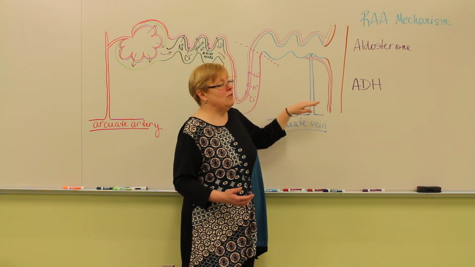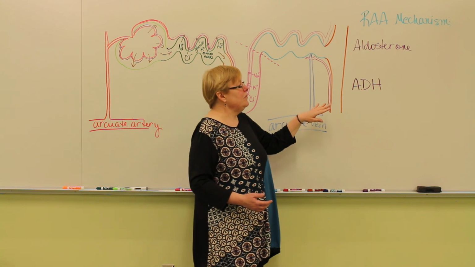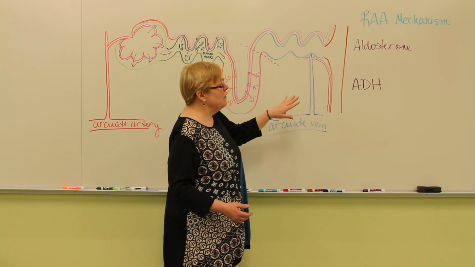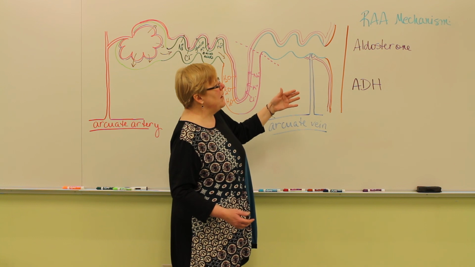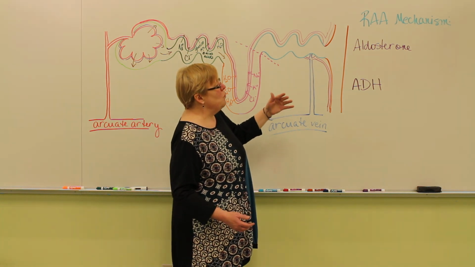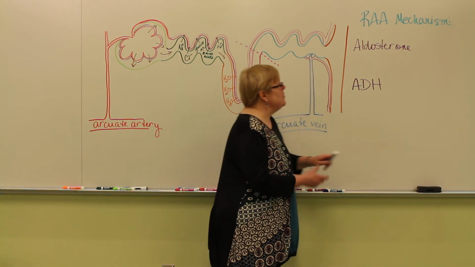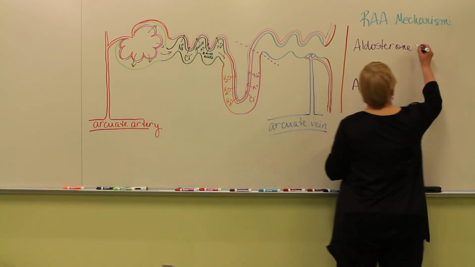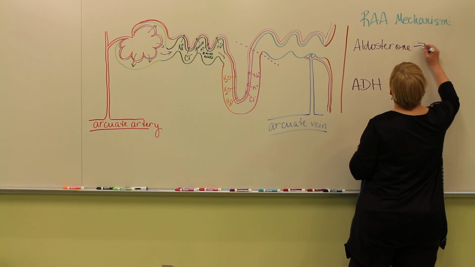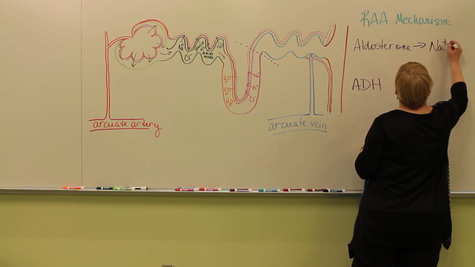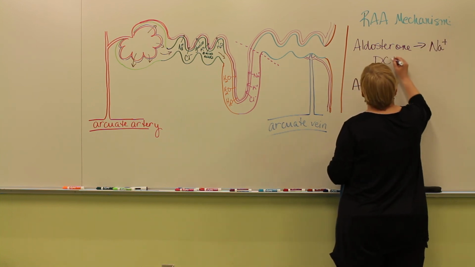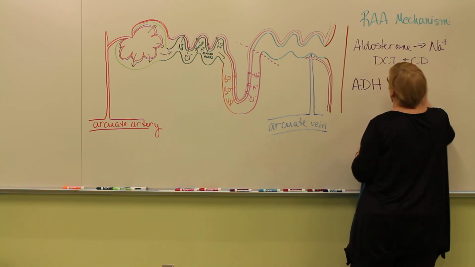One of those hormones is aldosterone. Aldosterone is a steroid hormone that is released by the adrenal cortex, and when aldosterone is present, it will initiate reabsorption of sodium ion, and it affects both the DCT and the collecting duct.